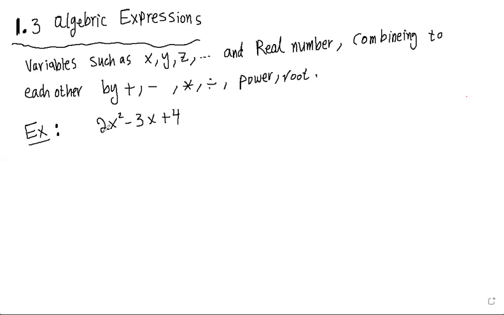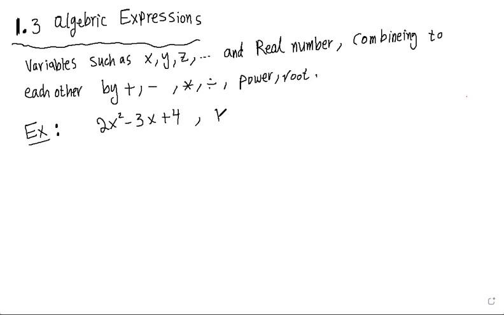Look, we have numbers 2, 3, 4, and we have variable x, raised to the power 2, x raised to the power 1, and here without any variable. All these numbers and variables combined to each other, this is called an algebraic expression.